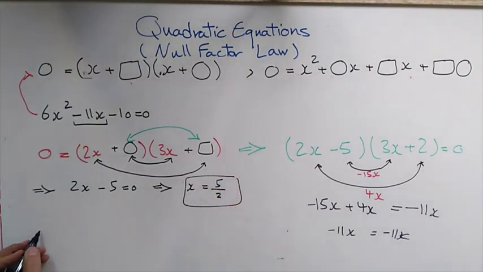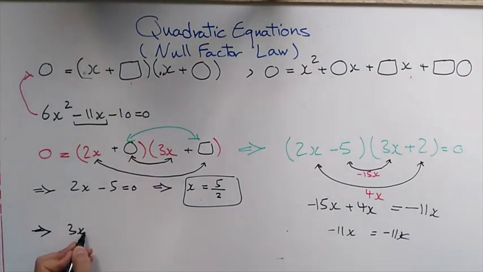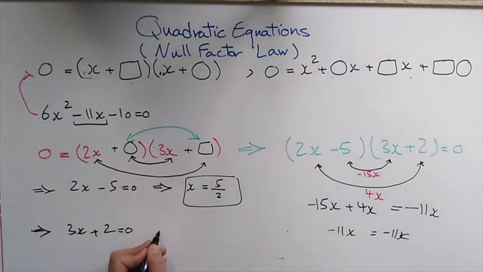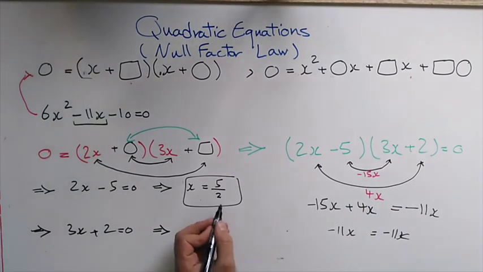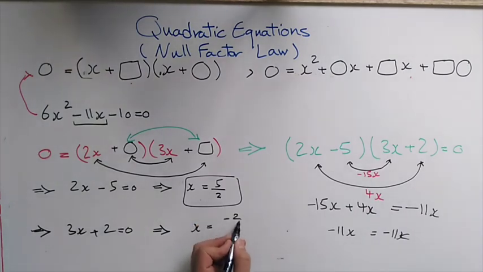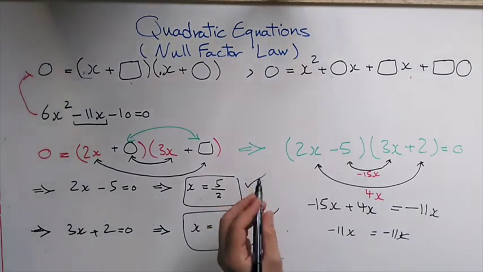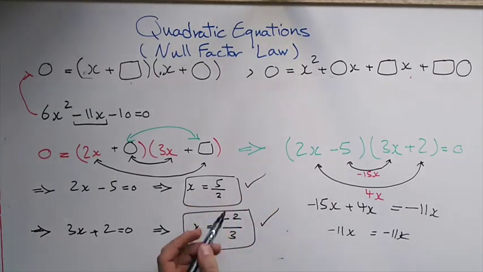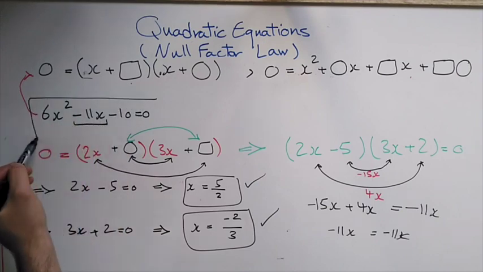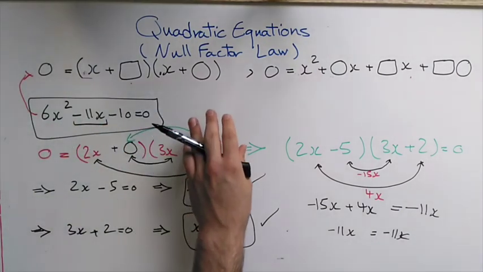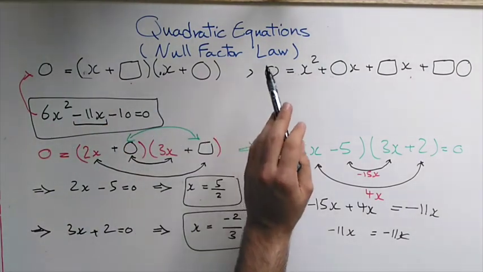That's one answer. And if 3x plus 2 equals 0, x will equal negative 2 over 3. And those are the two roots of our quadratic equation. We solved it using the null factor law.